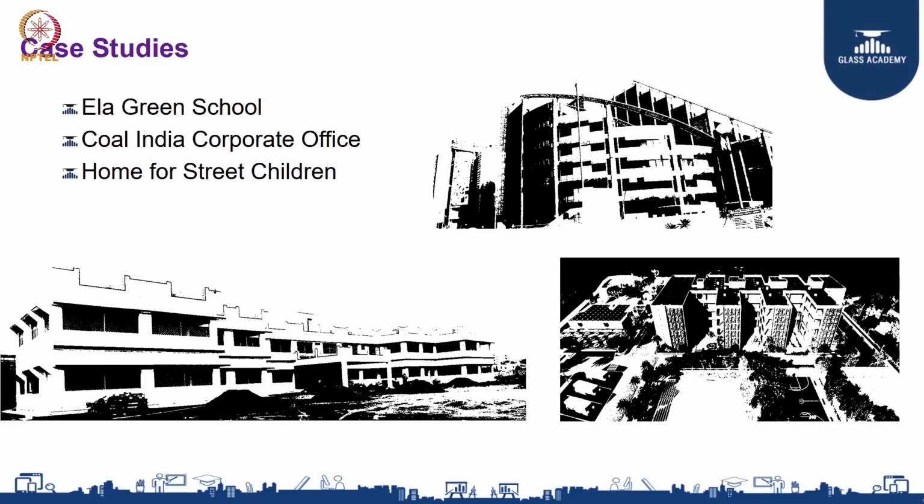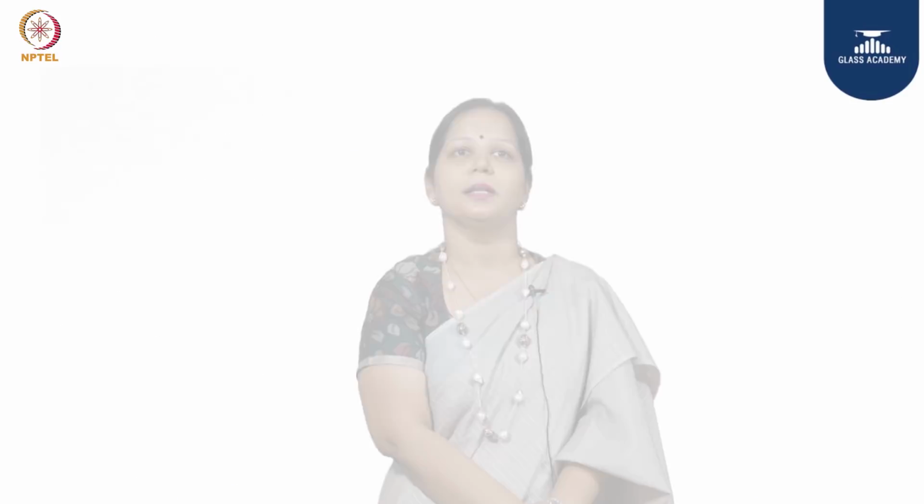Why I picked these 3 categories, apart from their being different types of buildings: for the Home for Street Children project, they wanted to go green, but they did not want to increase their budget. They wanted it as per whatever they had initially estimated and planned, but nevertheless green, and nevertheless the envelope becomes a component of green and efficient design.